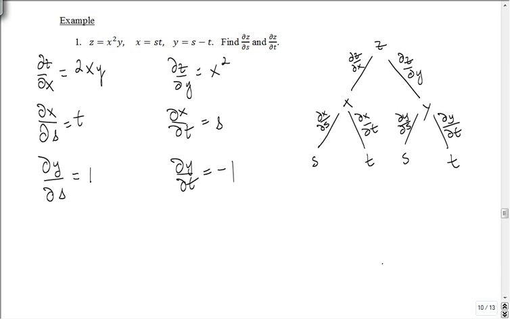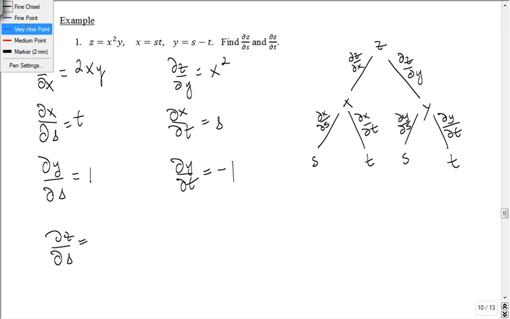So now let's find partial z, partial s first. So look at the drawing and know what you're going to take. So let me put it in red. You are going to take these two, right? And you're going to take these two. You want to reach the s's. Okay?